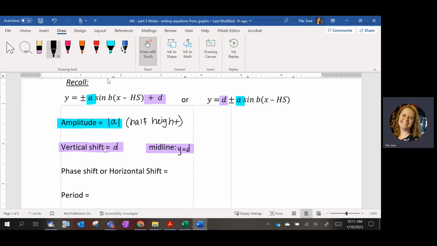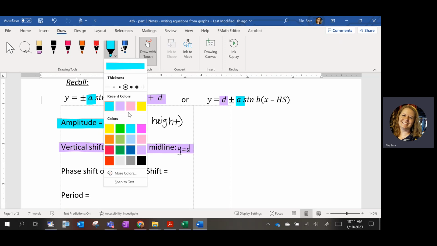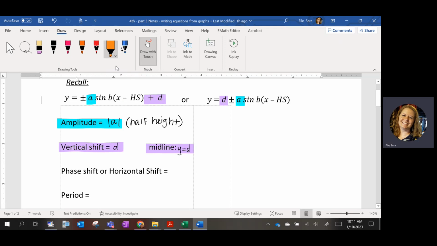Okay. And then those are both vertical transformations. The horizontal transformations come from inside the function, meaning it's part of what we're taking sine or cosine of. So your phase shift or horizontal shift, I think I colored that wrong.